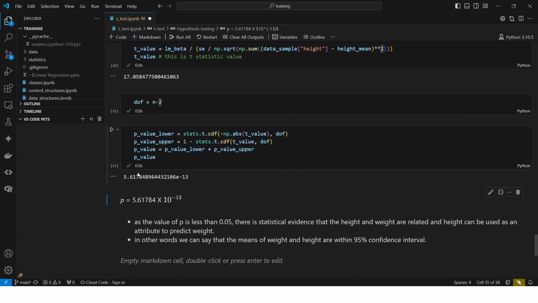The p value is somewhere around 5.6174 times 10 to the power of minus 13. This value is very small as compared to 0.05. So it means that we can reject the null hypothesis and accept the alternate hypothesis.